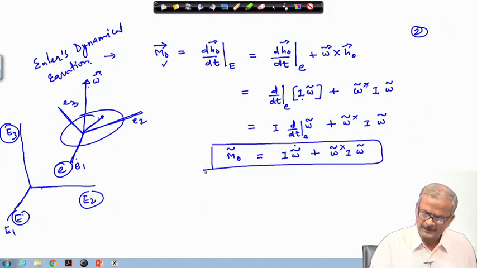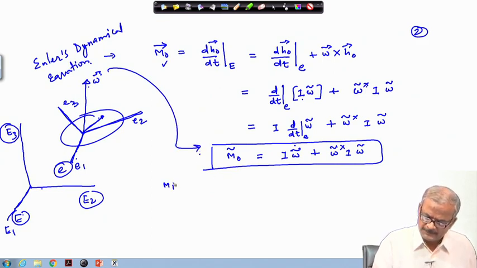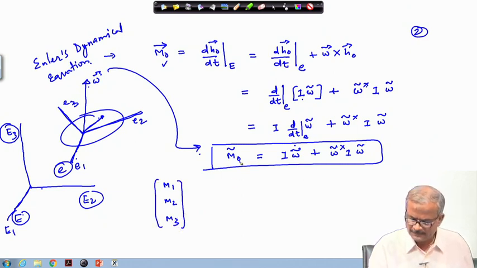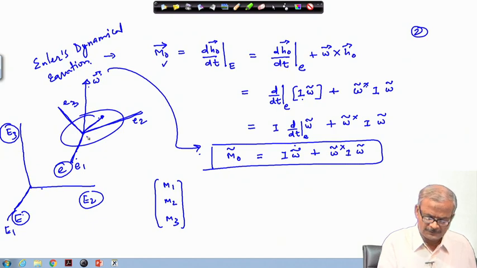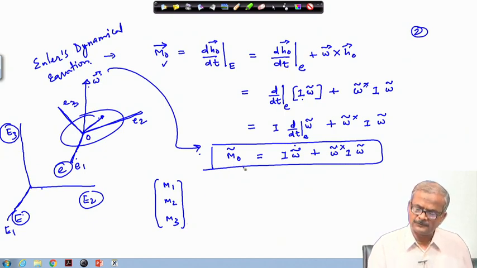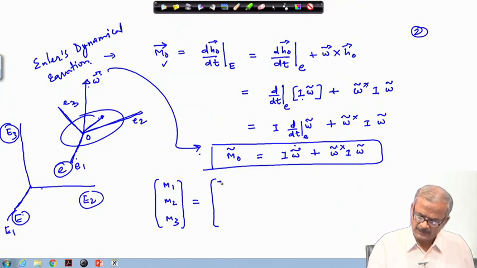So, this is your Euler's dynamical equation, and if you expand it, you can write it like M 1, M 2, M 3, and obviously this is with respect to the point O. So, I will drop this notation O here and simply write in terms of I 11, I 12, I 13.